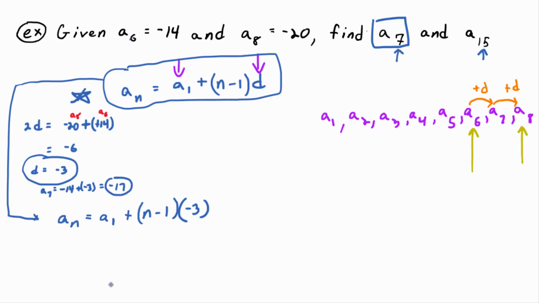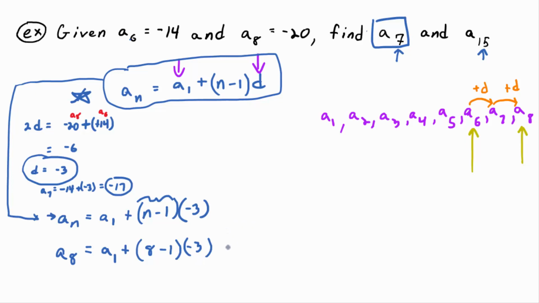That means if I plug in 8 for n in this formula, A1 doesn't change. But that makes this part what? When I plug in 8, that makes it 7. I'll actually plug it in though: 8 minus 1 times negative 3, or 7 times negative 3. But I know what that equals, right?